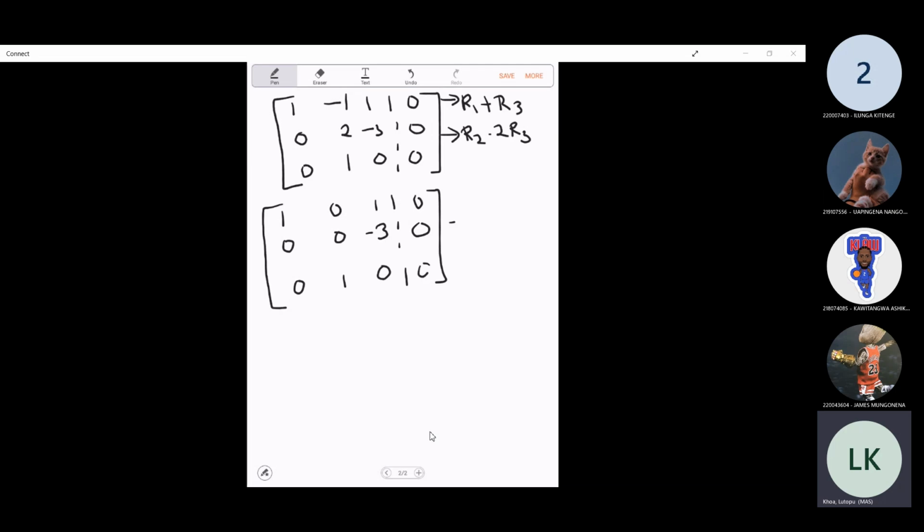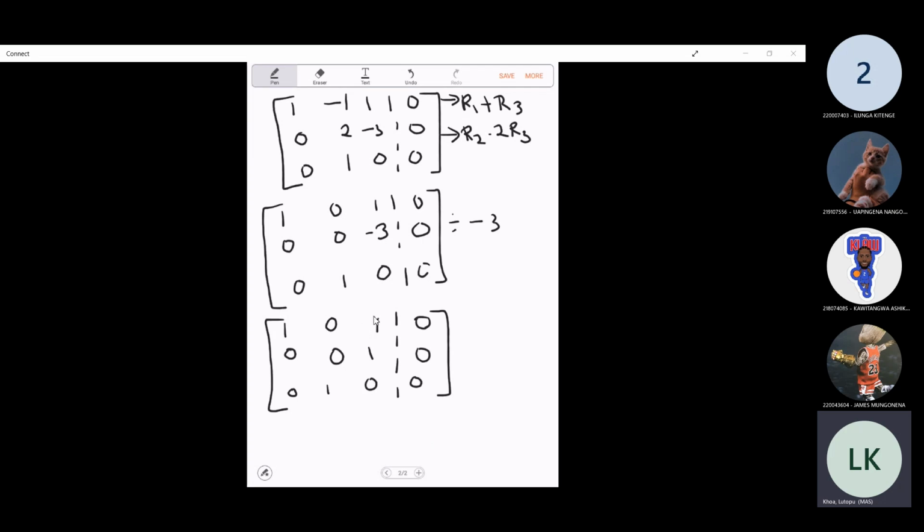Then divide this by minus 3. We get 1, 0, 1, 0, 0, 0, 1, 0, 0, 1, 0, 0.